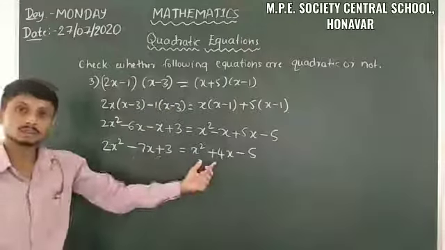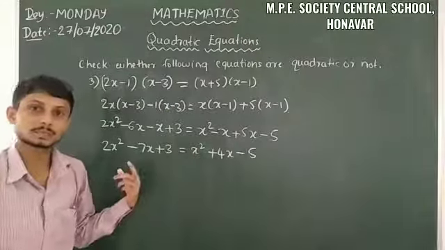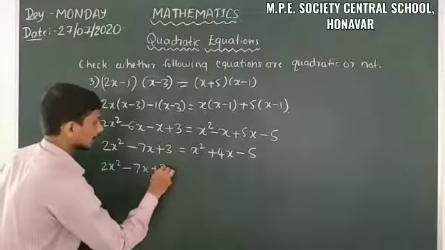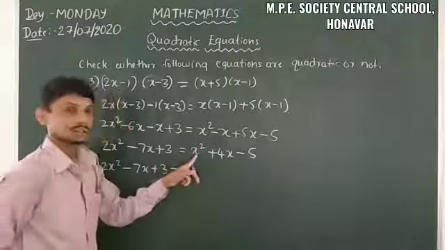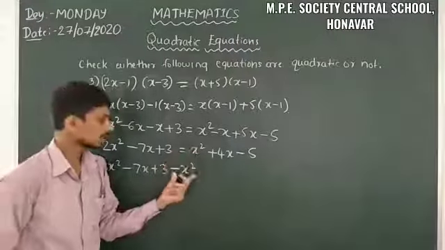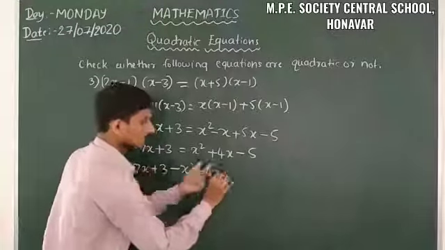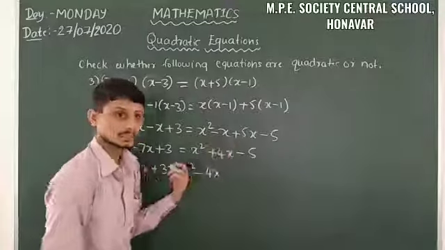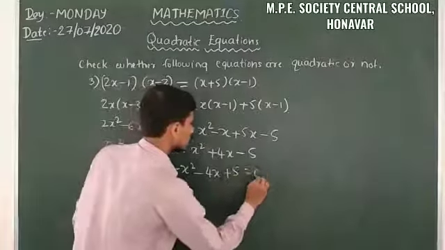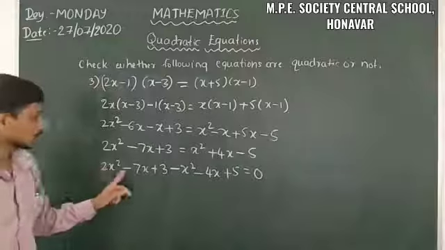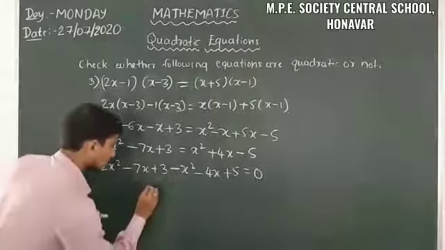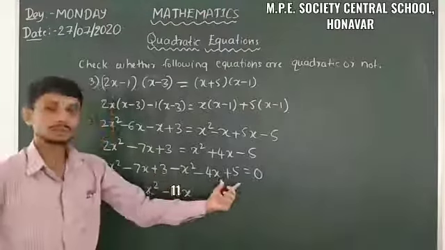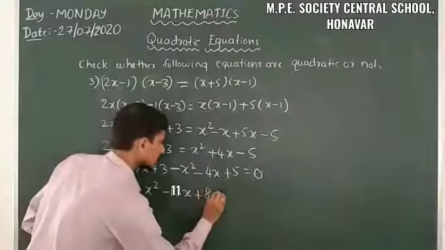After that what we have to do, just transpose all the terms from the RHS side, that is 2x square minus 7x plus 3 minus x square, because plus x square after transposing becomes minus x square, then plus 4x after transposing becomes minus 4x, minus 5 after transposing becomes plus 5, is equal to 0. Then 2x square minus x square is x square. Then minus 7x minus 4x, plus 3 plus 5 is plus 8, is equal to 0.